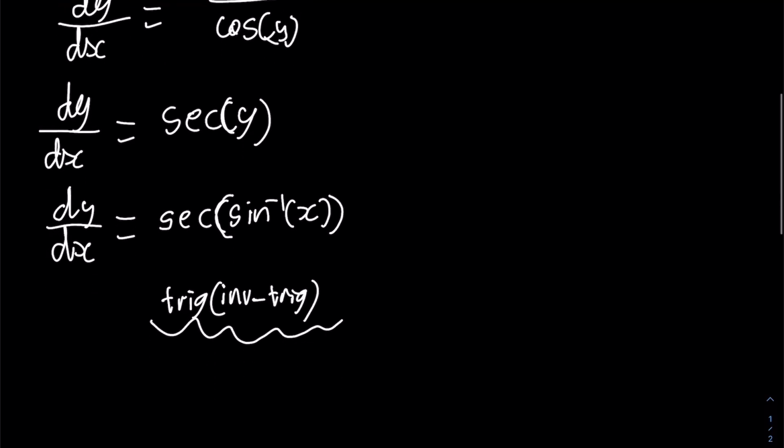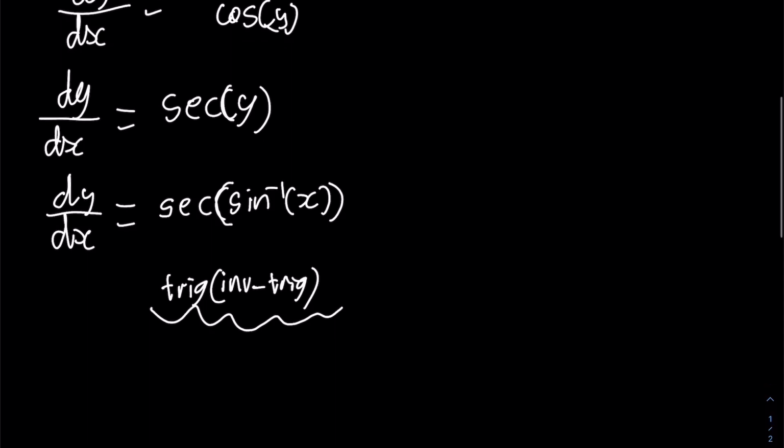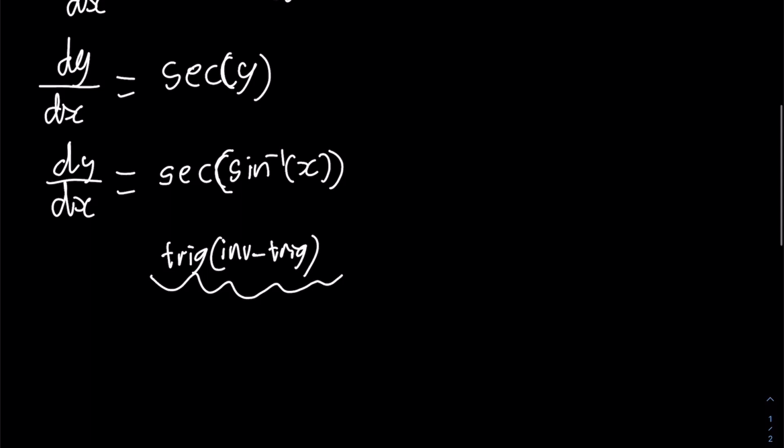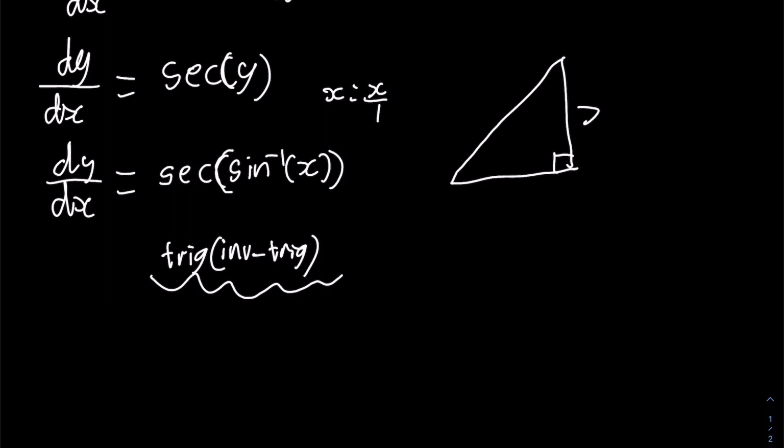By definition, we're taking the inverse sine of x, which means the ratio of the opposite and the hypotenuse, as per the definition of sine, must be x over 1, because x is the same thing as x over 1. So we can construct a right-angled triangle where the opposite and the hypotenuse are of lengths x and 1.